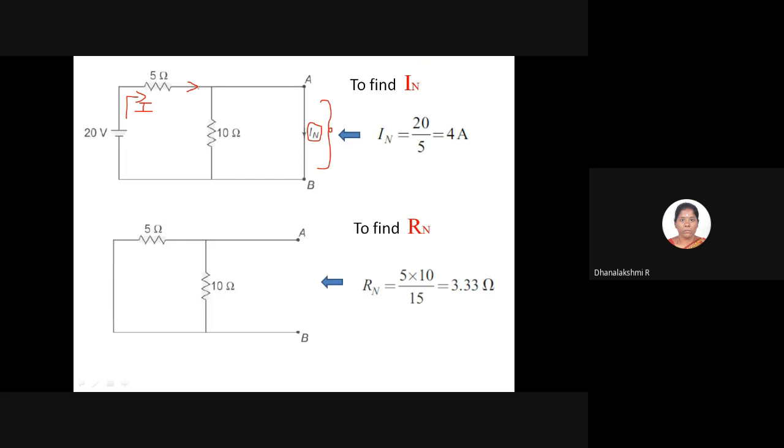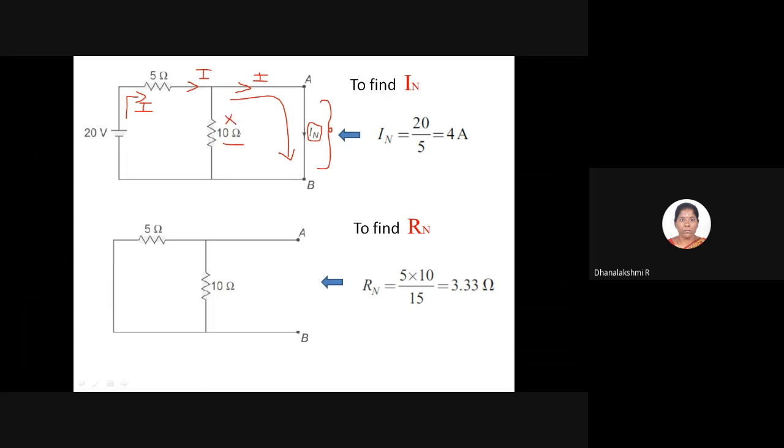After this path, this current I has two options. Either it can go in the 10 ohm, or it can go in both paths, that is in the 10 ohm as well as in the short circuit. But we know that current chooses the least resistance path. So all that current I will be flowing only in the short circuit path, where no current flows in the 10 ohm branch.